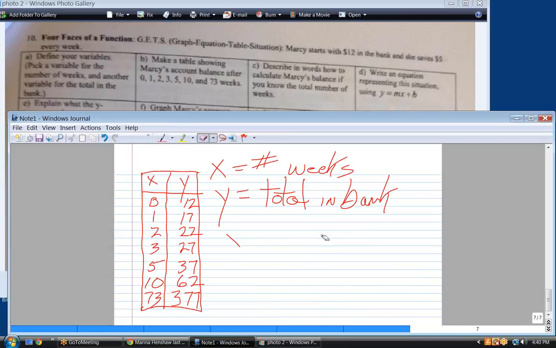Okay. Now, write that equation. What does that mean? That she's going to have $12 plus the number of weeks times 5.